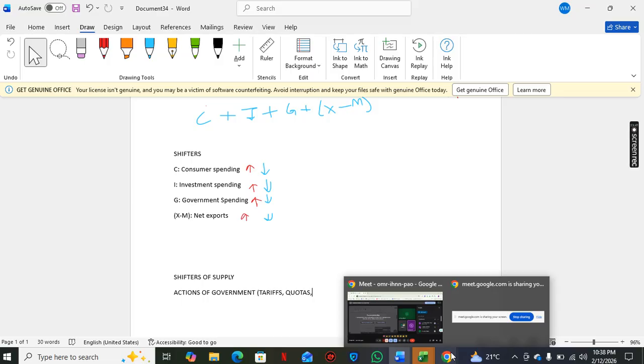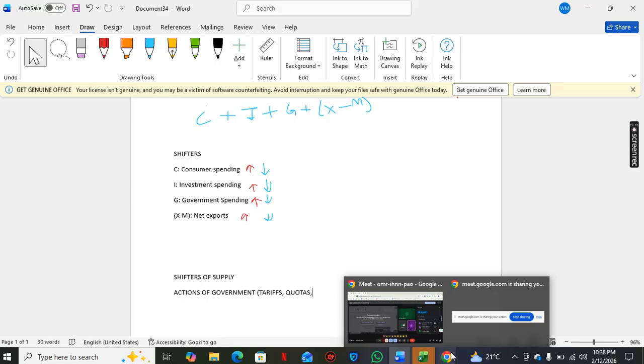It's not a one-sided game. And I think the IMF can come and visit you and say, why are you imposing tariffs and quotas? Because the IMF would want you to be importing from America and these other countries.